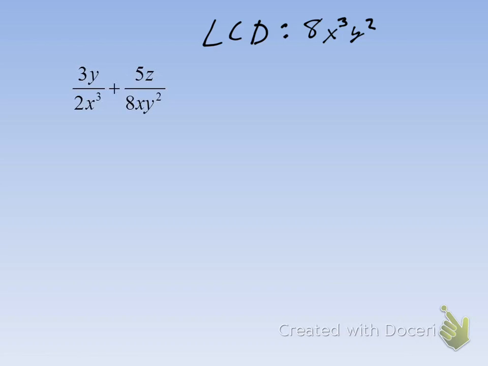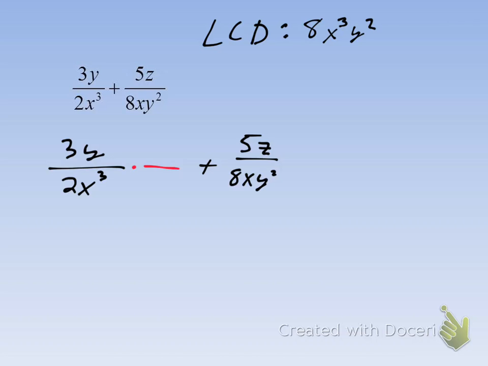From there, I'm going to show a little bit of optional work, as soon as you understand what you're doing. I'm going to write out 3y over 2x cubed plus 5z over 8xy squared. Maybe just watch me do this one and then follow along. Now we're going to multiply these fractions by a form of 1.